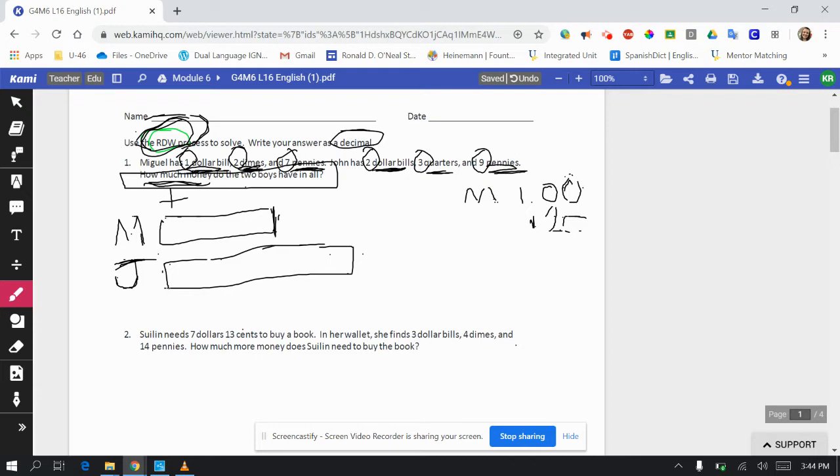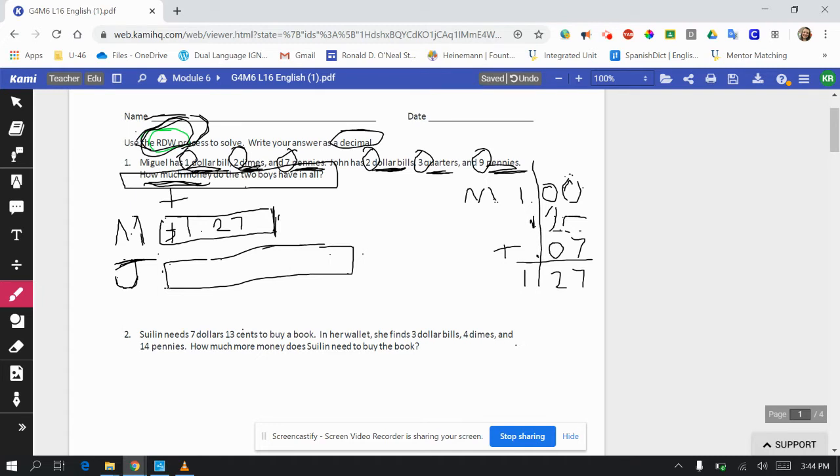I don't know what's going on with this pen thing. It might not be working very well. And then 7 pennies. So I've got my decimals lined up. 7 pennies. I'm going to add those up. So he has 7 and 2 and 1. He has 1.27. Add my $ sign in there.